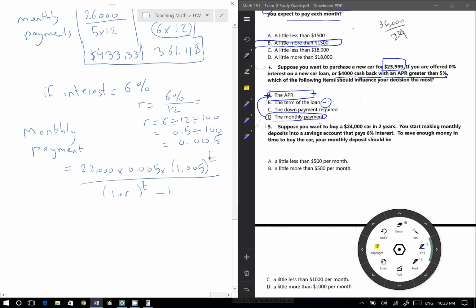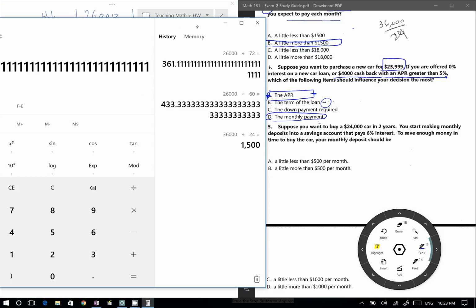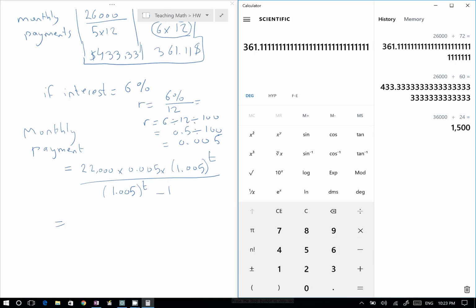So this is T, this is 1.005. I'm gonna need this calculator in front of me. Oh, so I have two T's, right?